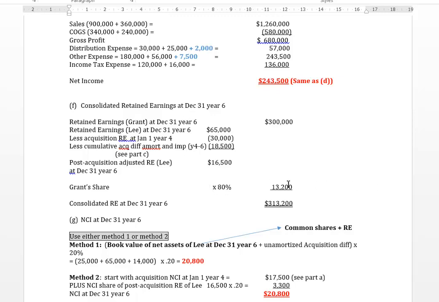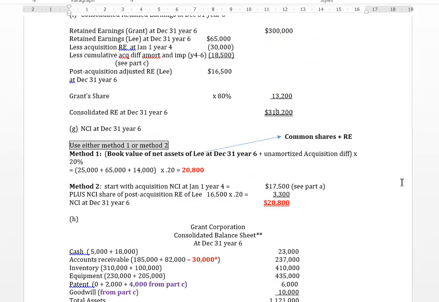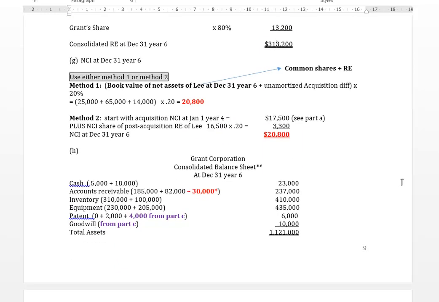Grant only takes their share, which is 13,200 at 80%. So if we add 13,200 to 300,000, we're going to get consolidated retained earnings at 313,200. Now, that concludes the calculation of consolidated retained earnings that's going to go on the balance sheet.